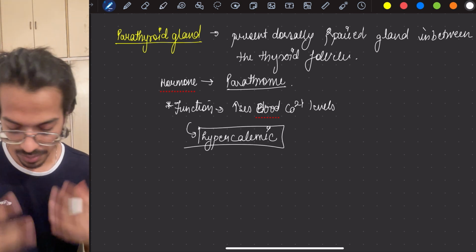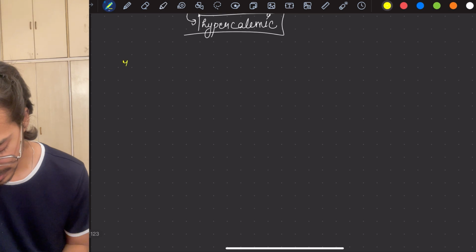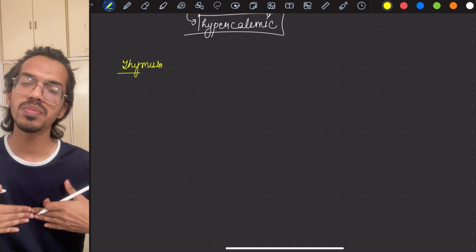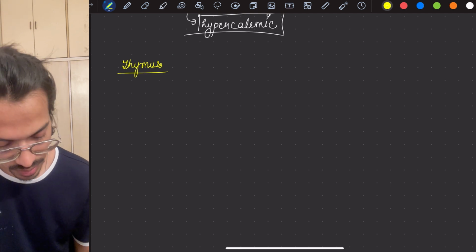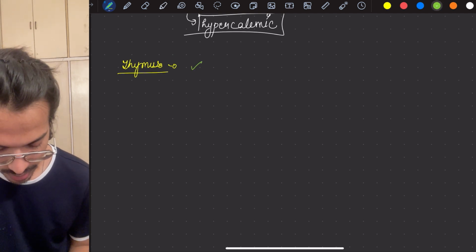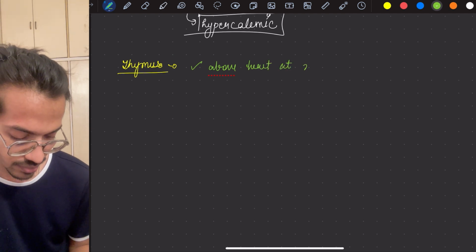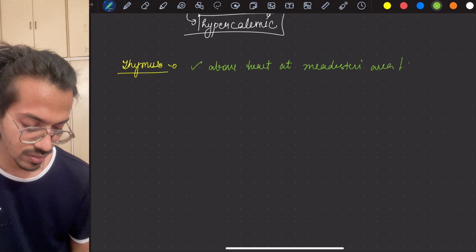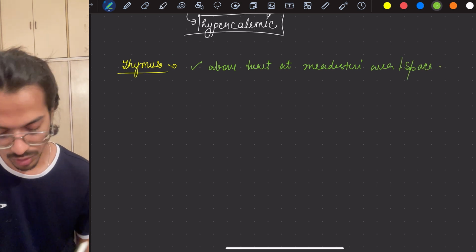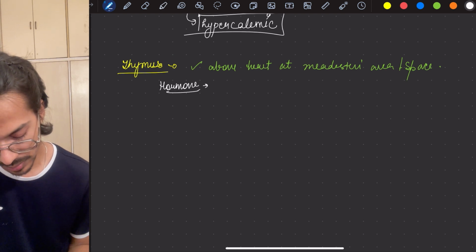Okay, moving on to the next one after the parathyroid, the next gland is the thymus. Where is it present? It is present just above your heart level, in the mediastinum area or space. Moving on, the next thing you have to remember is the hormone it secretes. It secretes thymosin.